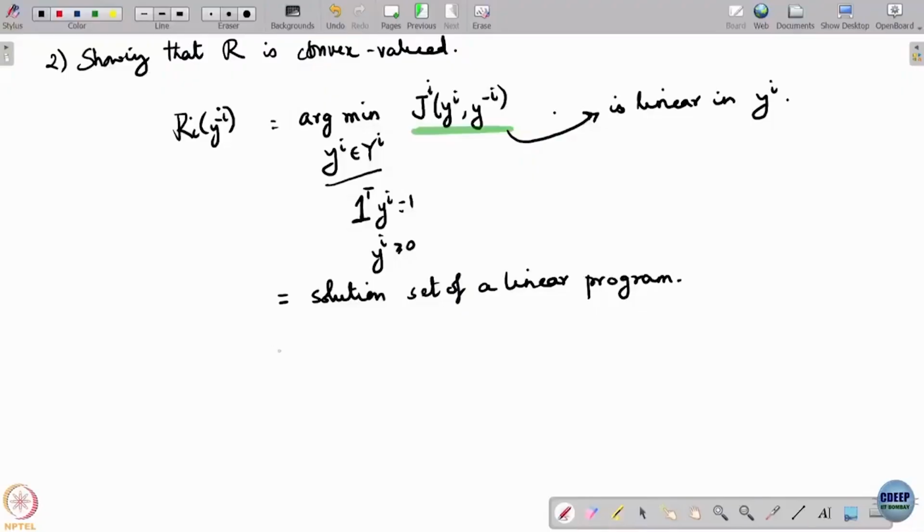So, if you take 2 points in it, the entire segment joining them is also in that set, which by definition makes the set convex. So, Ri of y minus i is a convex set.